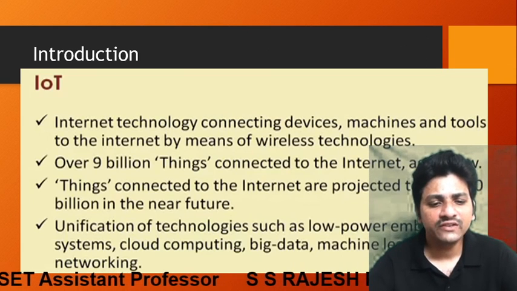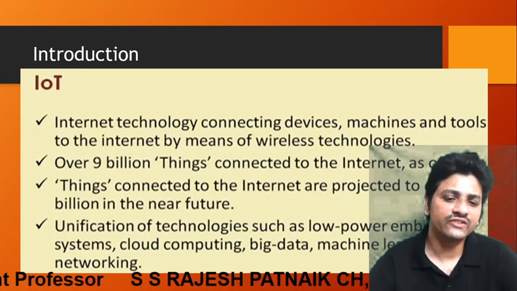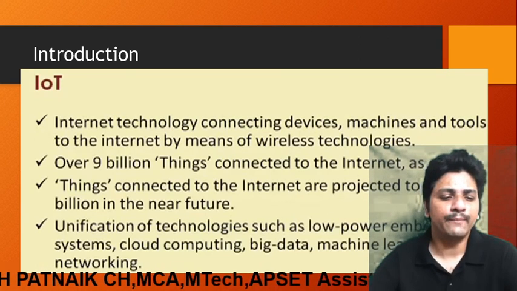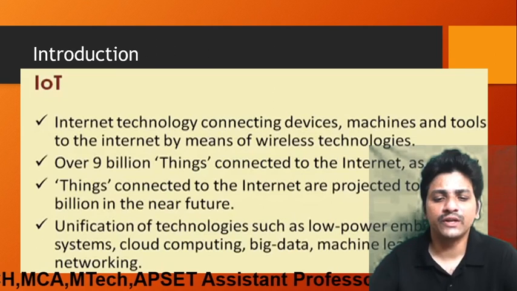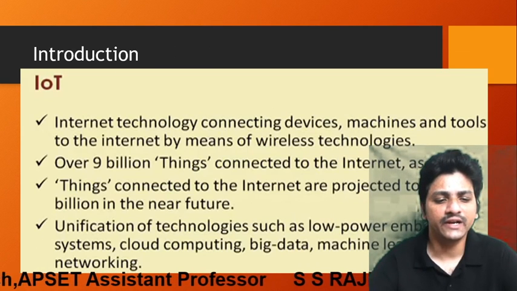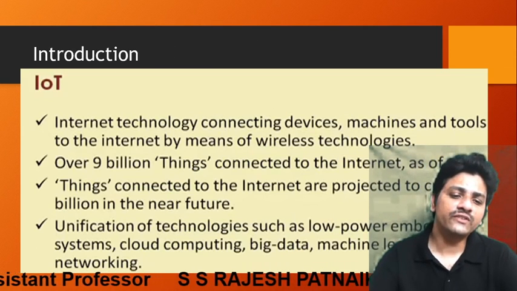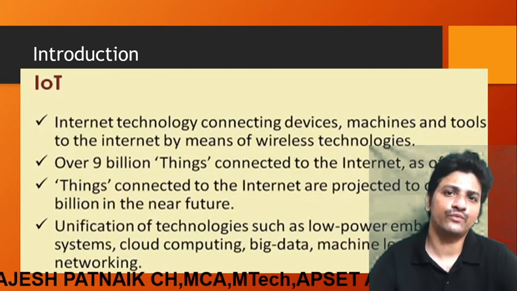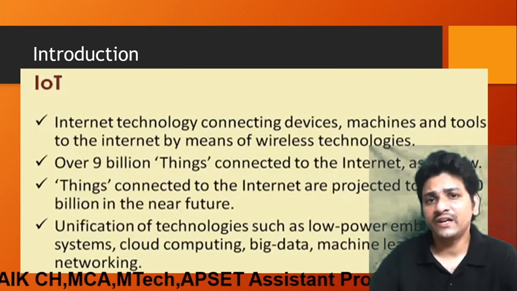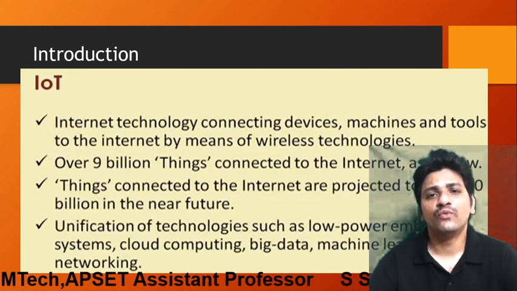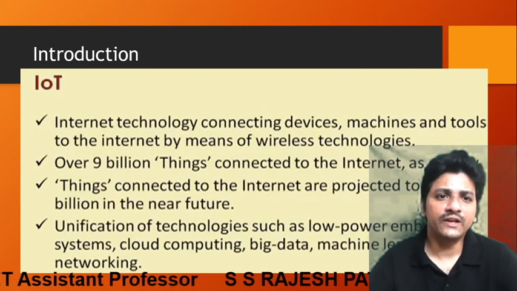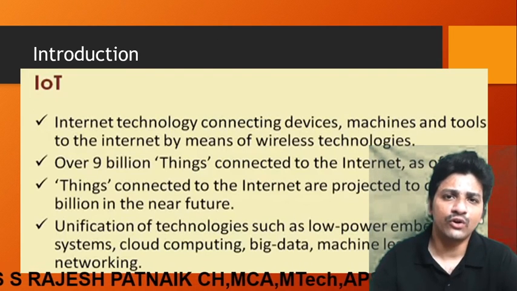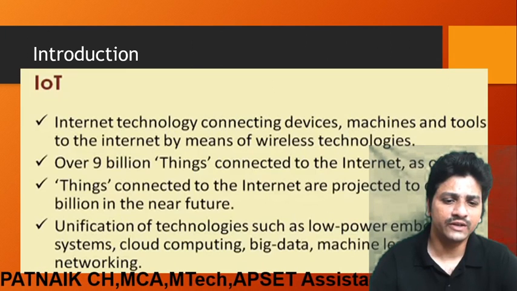So the unification of technologies such as lower power embedded systems, cloud computing, big data, machine learning, and networking. That means whenever a particular task has to be done automatically, the Internet of Things is required.